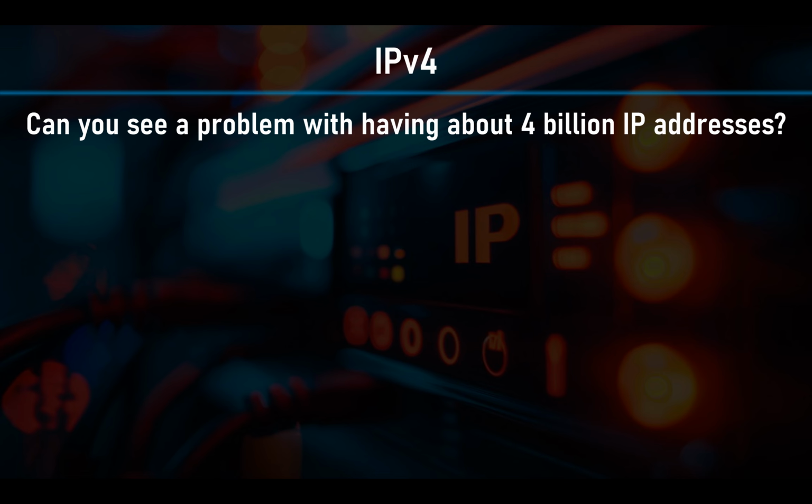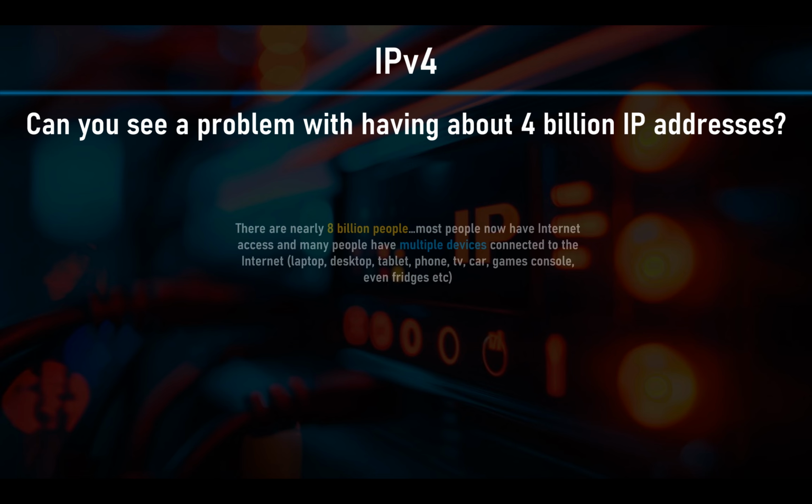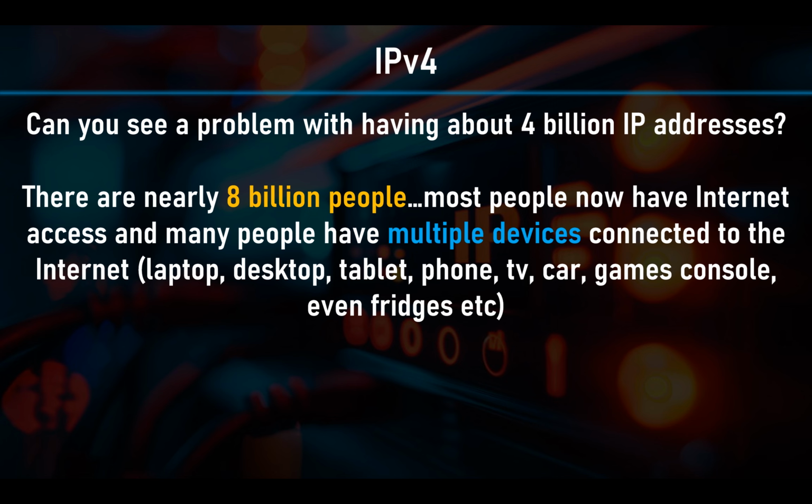So if we think, what's the problem then of only having about 4.3 billion IP addresses? Now, I think there's more than 8 billion people, and most people now have internet access. And to be honest, most people are going to have multiple devices connected to the internet.